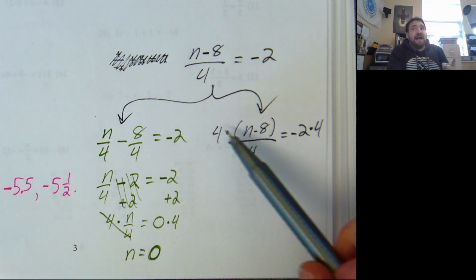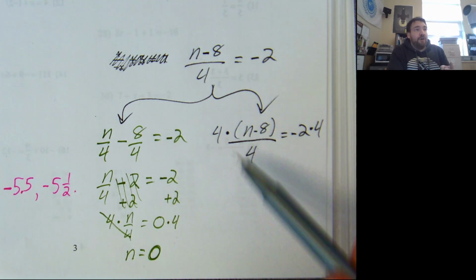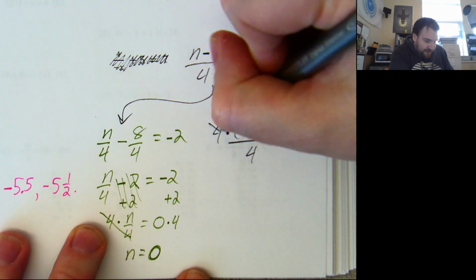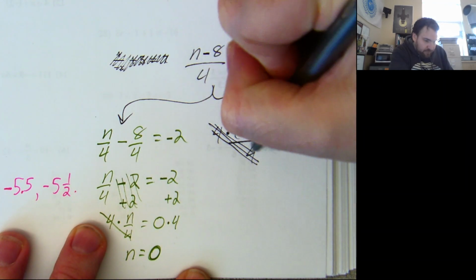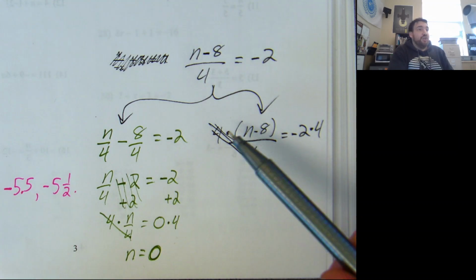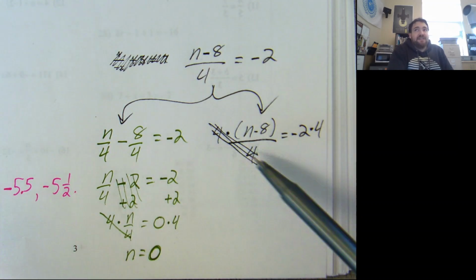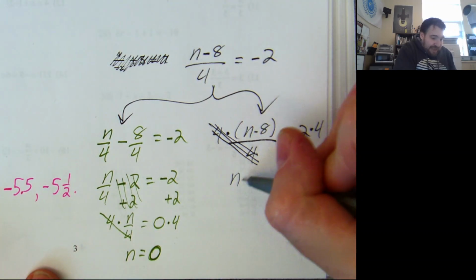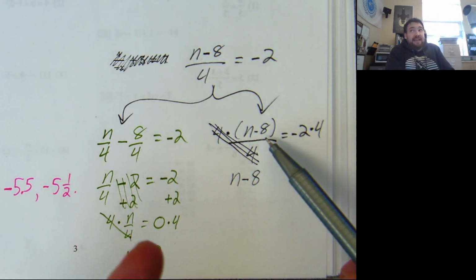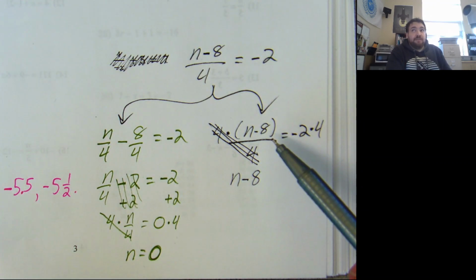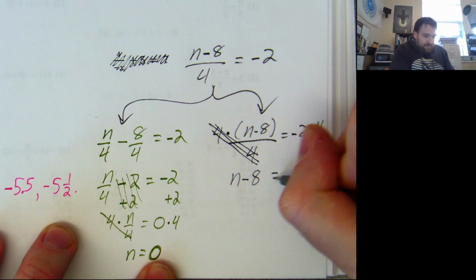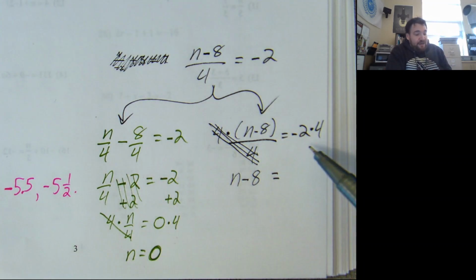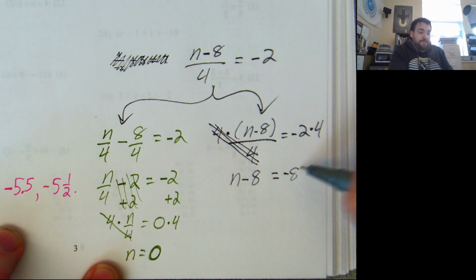When I multiply this side by 4, it's going to cancel with the division by 4. You don't distribute it in, you cancel it with what's in the denominator, leaving us just with n minus 8. When it's the only thing there, we can now drop the brackets. And on the right-hand side, we're going to have -2 times 4, which is -8.